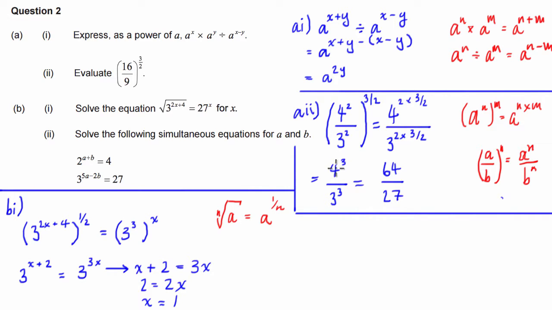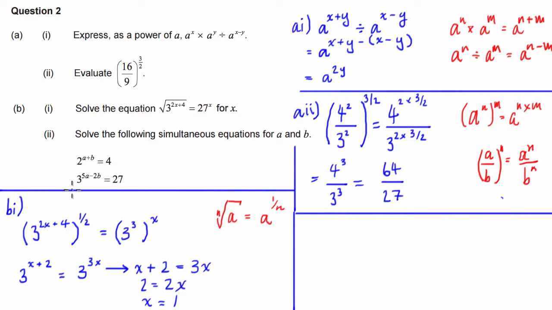Cool. So, again, we're going to use that exact same strategy to solve this next one, B part 2. Solve the following simultaneous equation for a and b. Okay. What I'm going to do is make sure that the bases on both sides of the equality are the same.